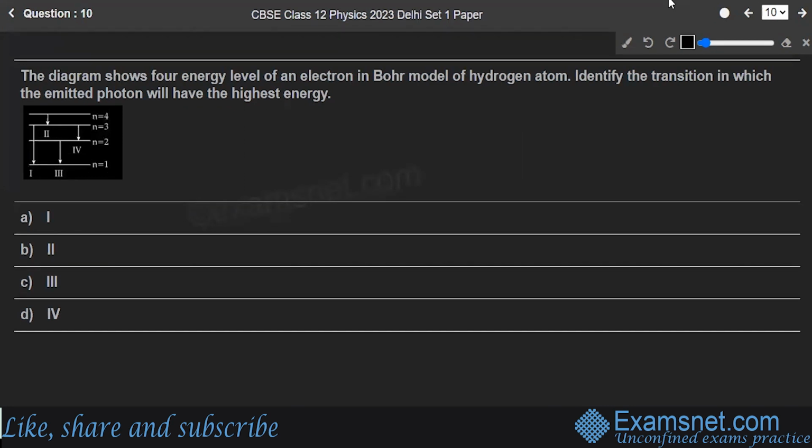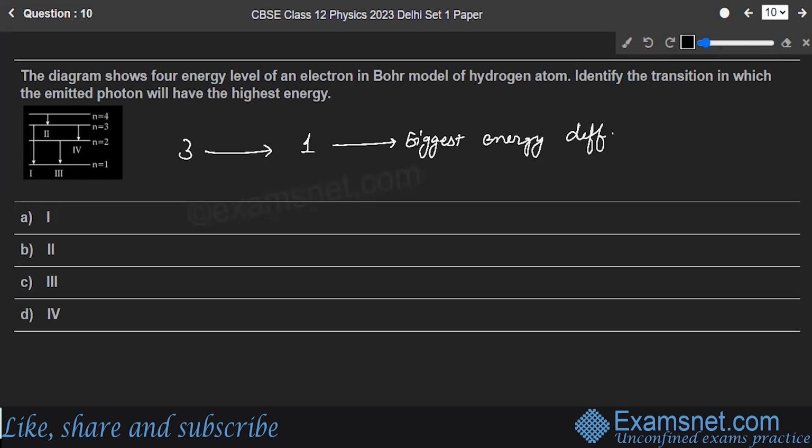Question number 10, the diagram shows four energy levels of an electron in the Bohr model of hydrogen atom. You have to identify the transition in which the emitted photon will have the highest energy. So this is the first, second, third, and fourth level, and these are the jumps. Looking at these jumps, the transition from the third state to the first state has the biggest energy difference.